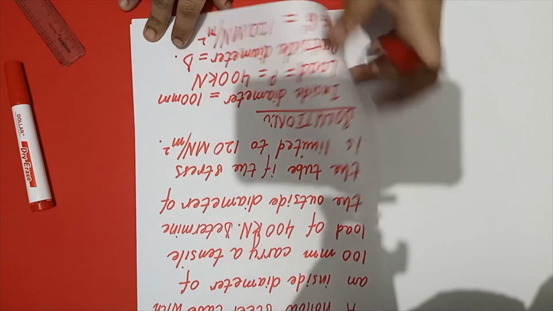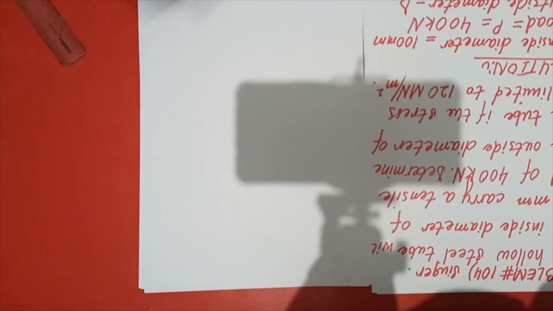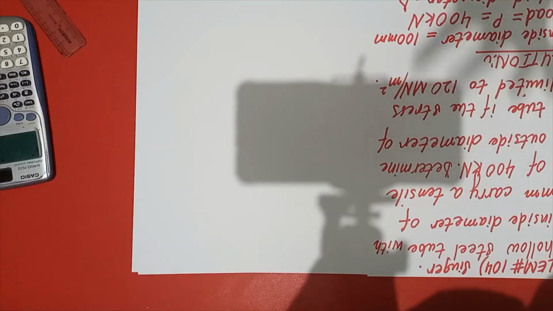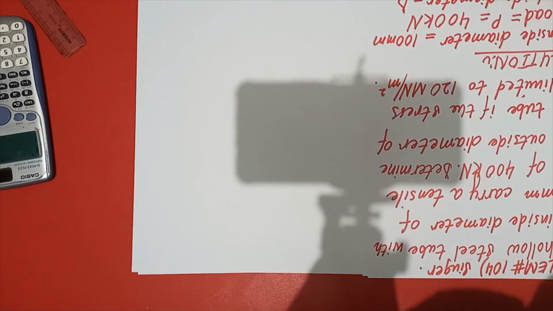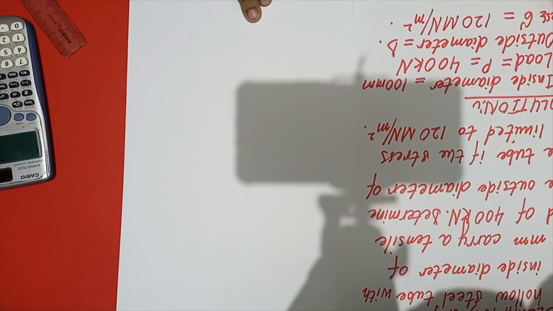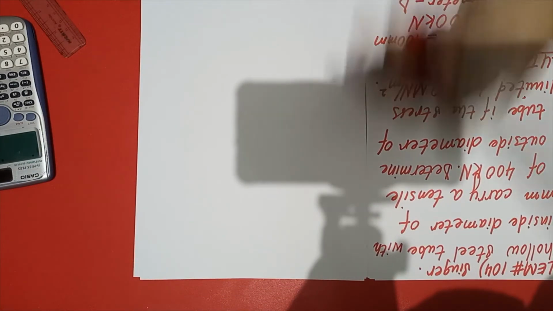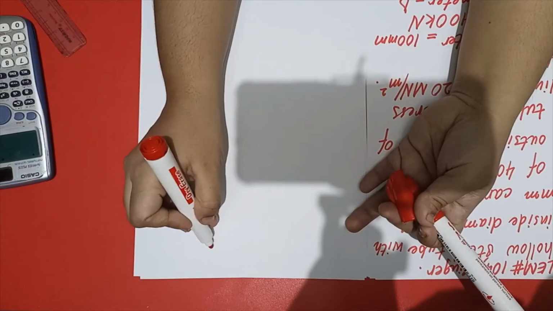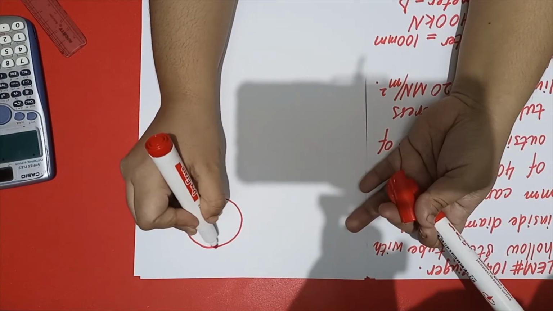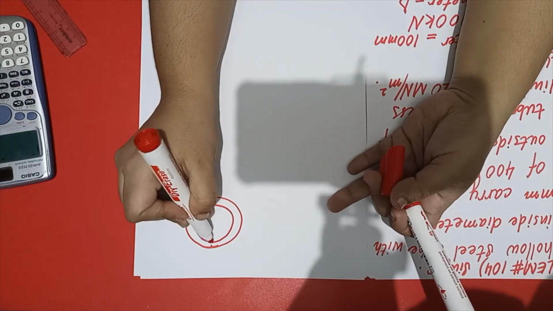First let's draw the diagram. Hollow means, if I look at the hollow steel tube from the top, you will see two circles.